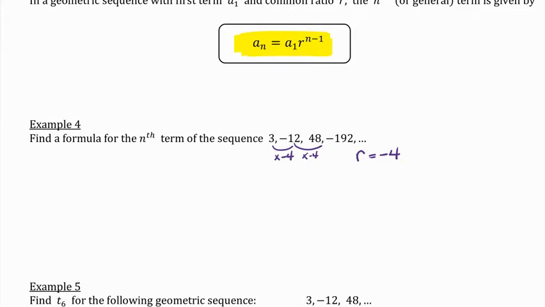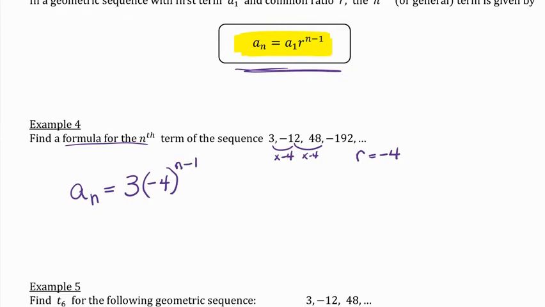So to get our rule or our formula for the nth term, we just follow our formula that's up here. To get our nth term, I want to take the first term, which is 3, and we're going to multiply by the common ratio, which is -4, and then I'm going to raise that to the n minus 1 power.